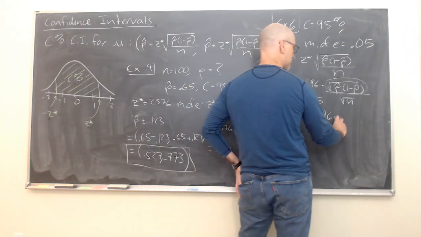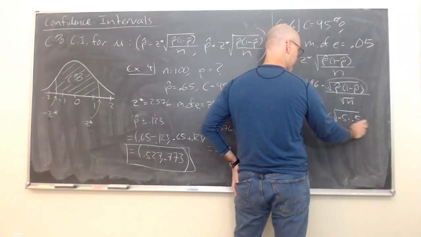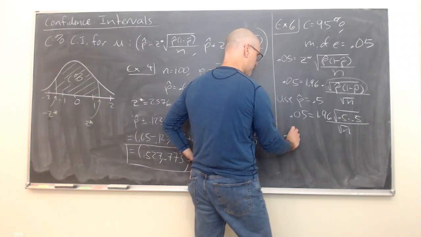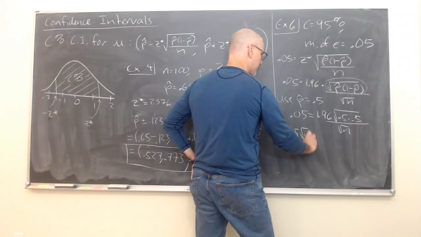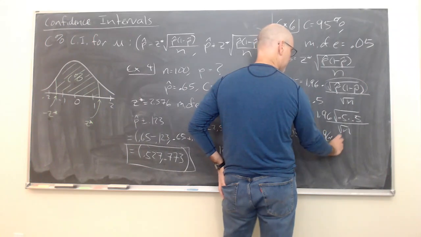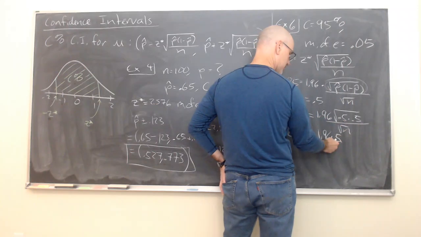That's the square root of 0.5 times 0.5 over the square root of n. So 0.05 root n equals 1.96 times 0.5, because the square root of 0.5 squared is just 0.5.